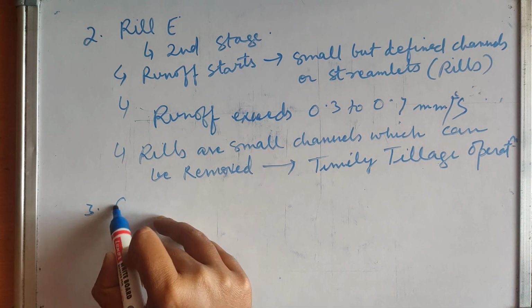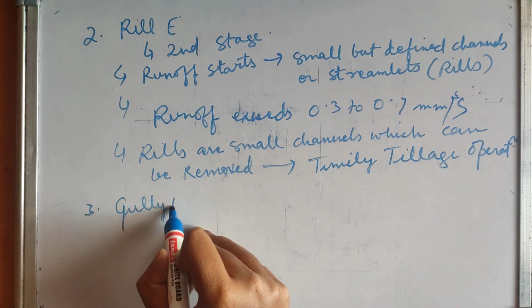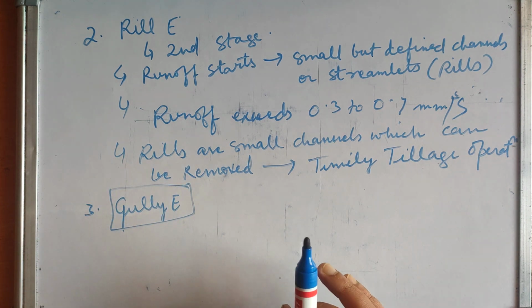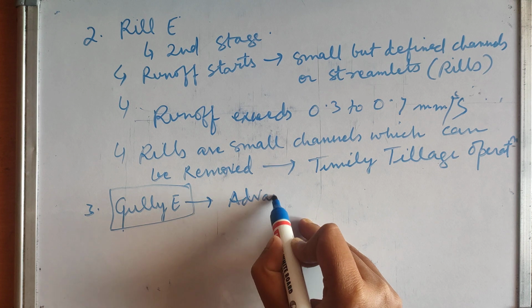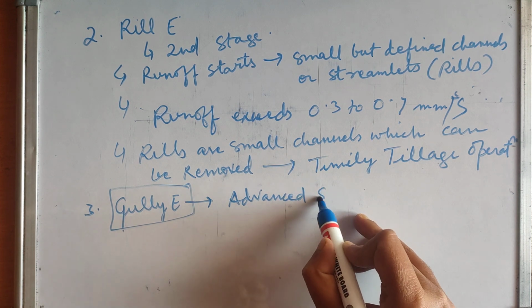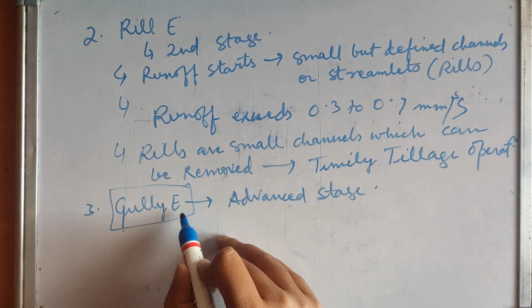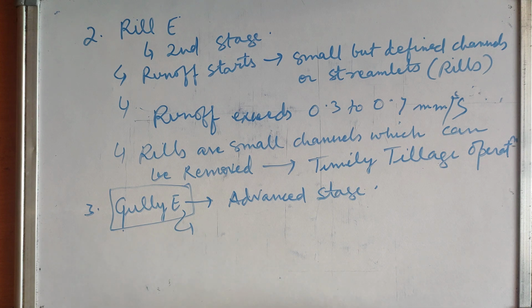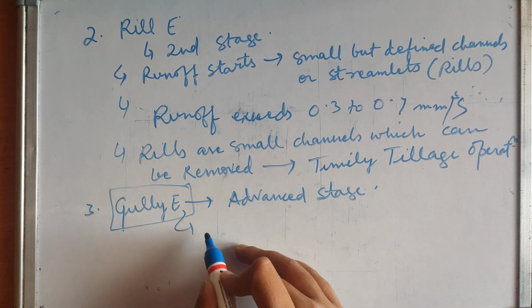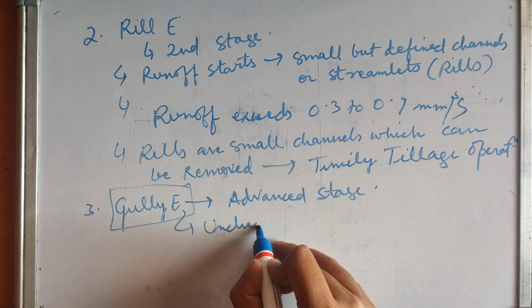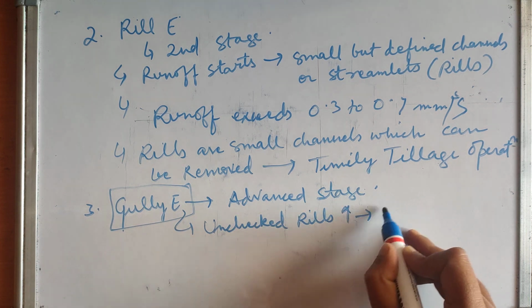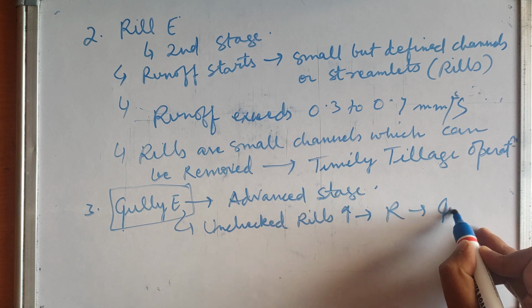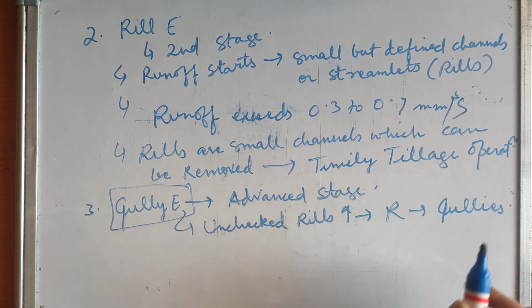The third one is gully erosion, the advanced stage. What happens? The unchecked rills increase due to runoff and turn into gullies.